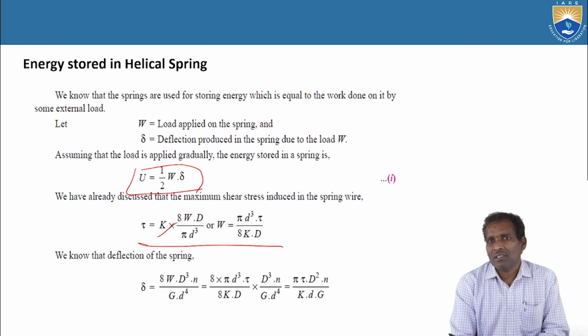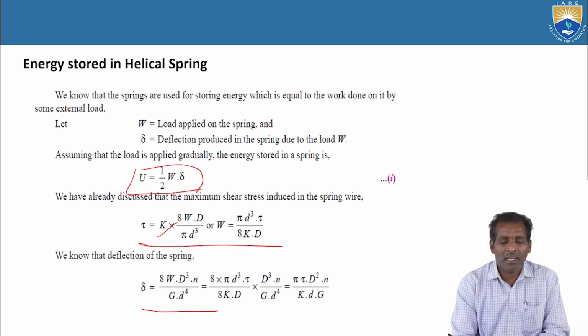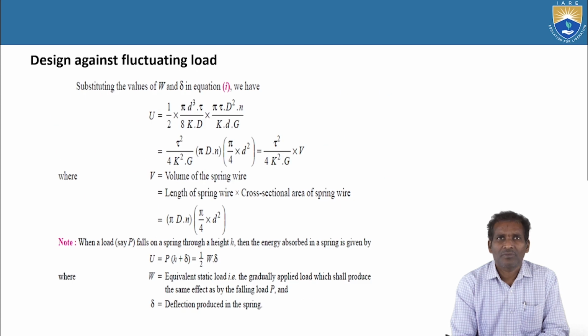You know the deflection of the spring; you can calculate it using the above values. Delta is equal to 8 W D cube n by G d to the power 4. Design against fluctuating load.